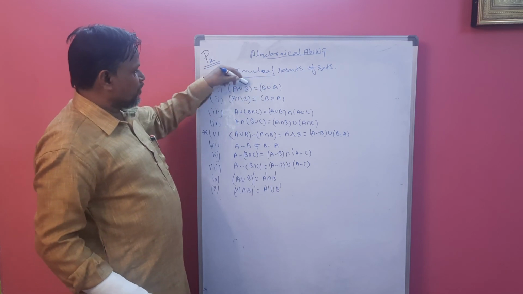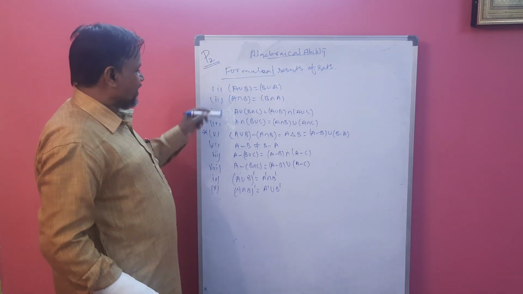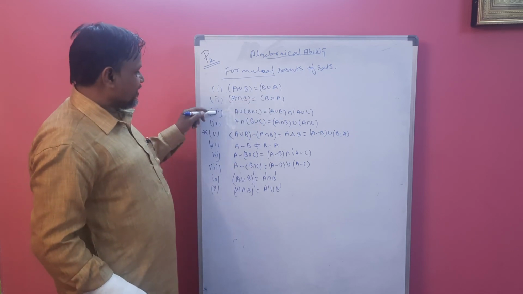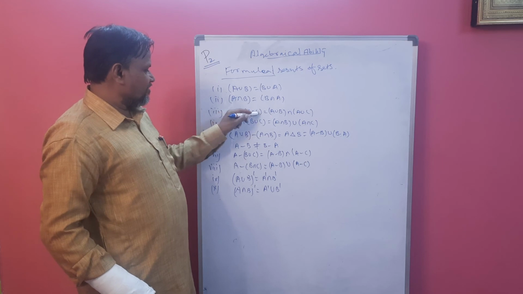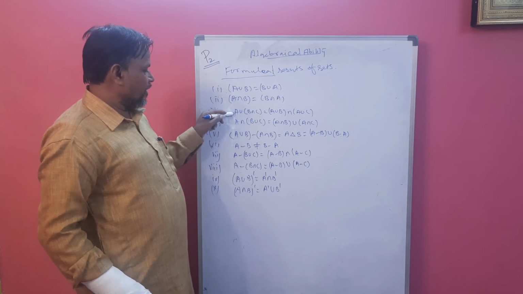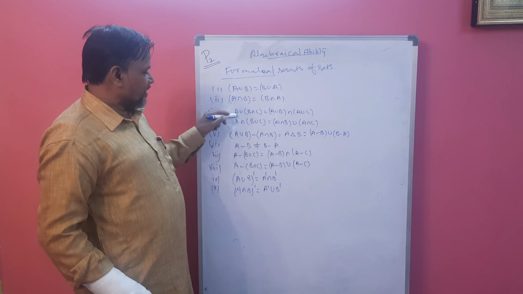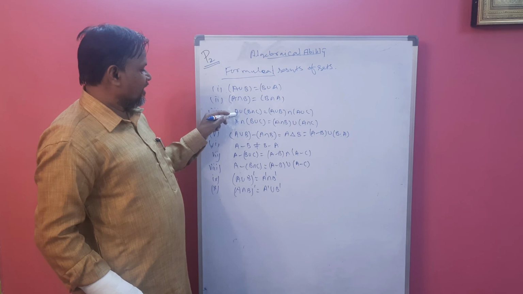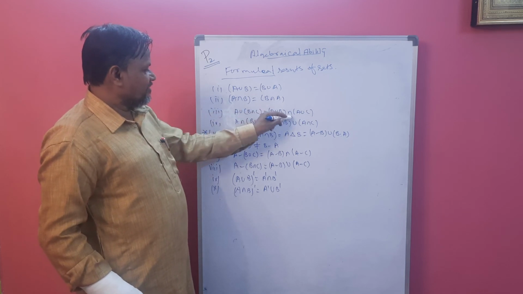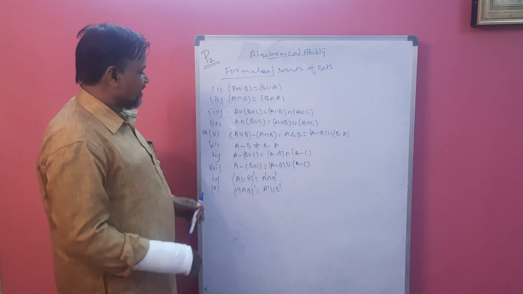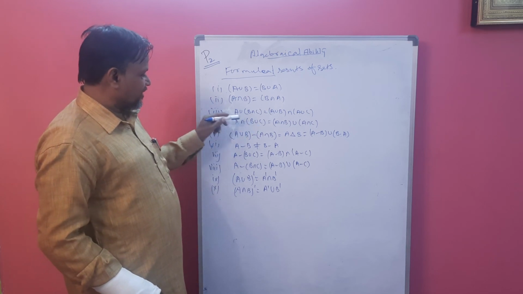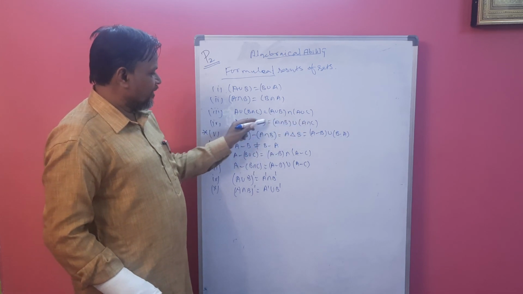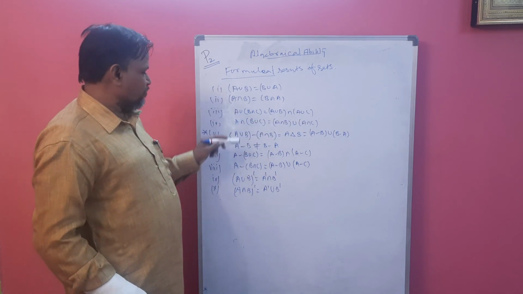A intersection B is always B intersection A. Third one, A union B intersection C: we are taking A union with B intersection C. We have to separate these: A union B, take intersection with A union C. Here the intersection is outside the bracket. So A intersection B one time, A intersection C one time, take the union of that. So these are the important results.